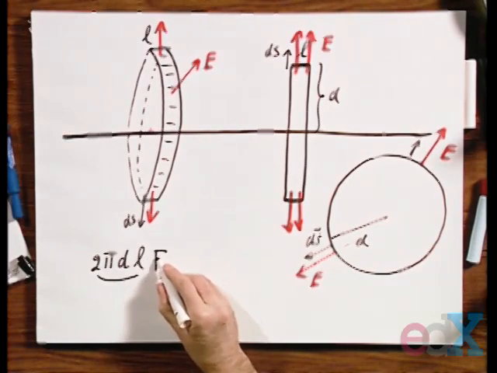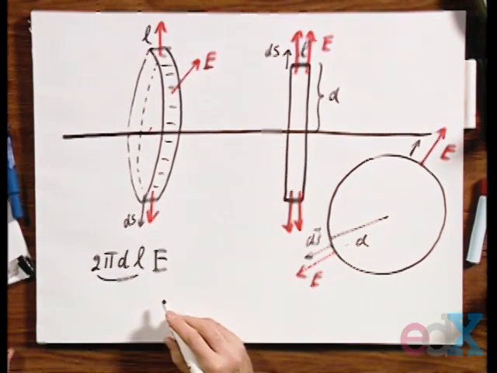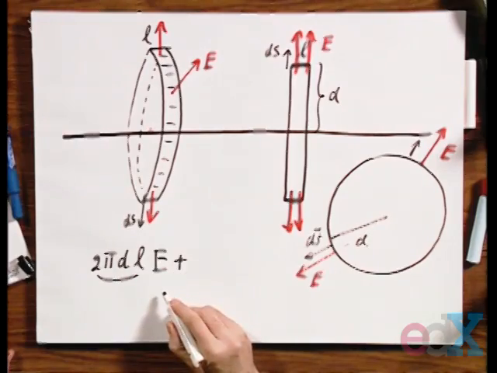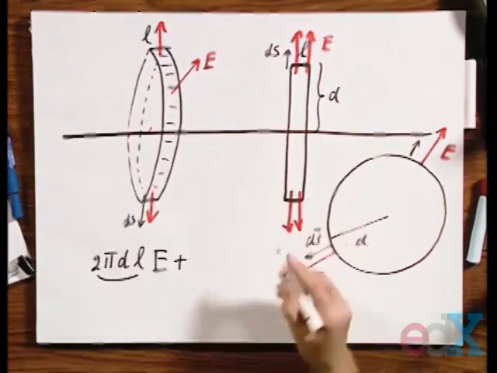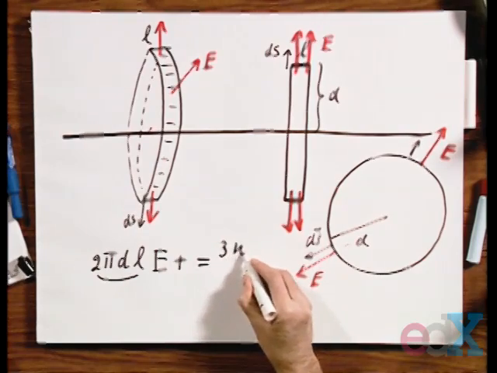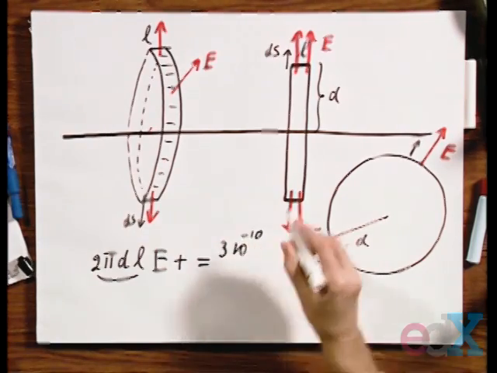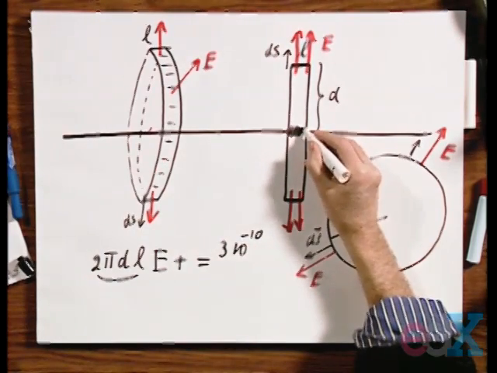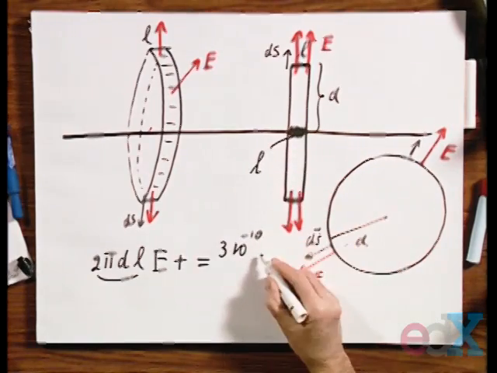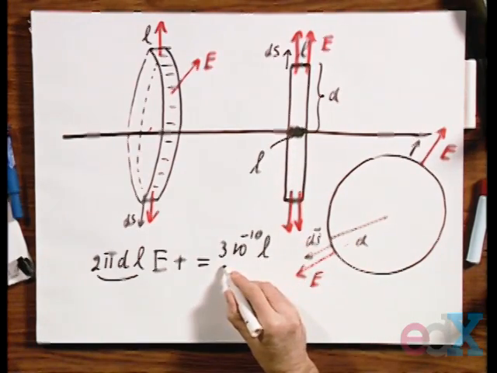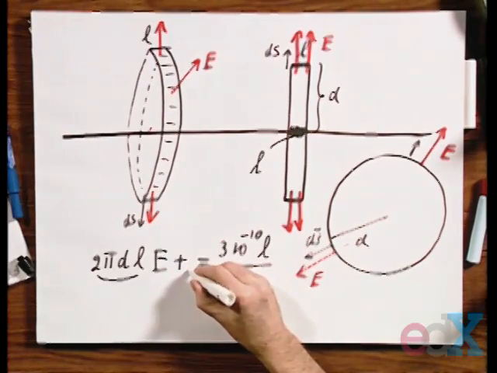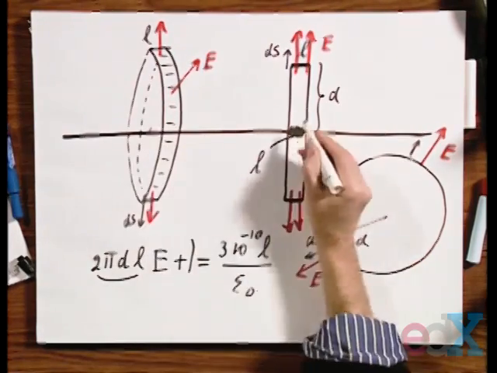I multiply that by E according to Gauss's law. I have to add now the flux that escapes from the sides, and that then equals 3 times 10 to the minus 10, that is the charge that is located here at the wire, which has a length L, times L divided by epsilon 0. What is the flux that escapes from the sides?